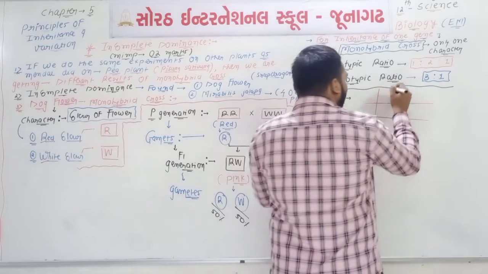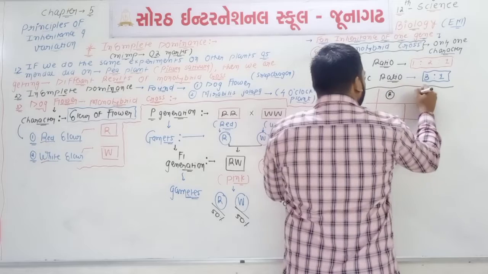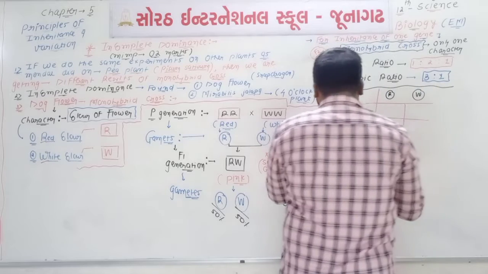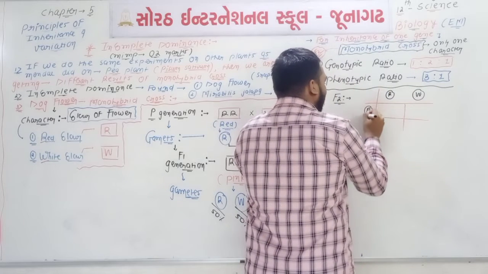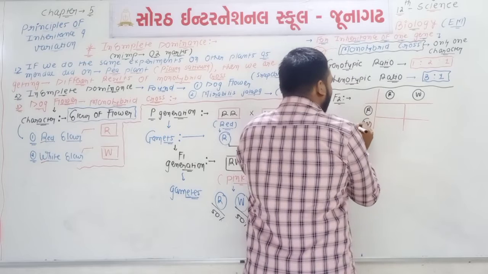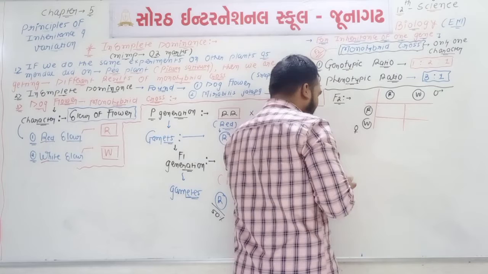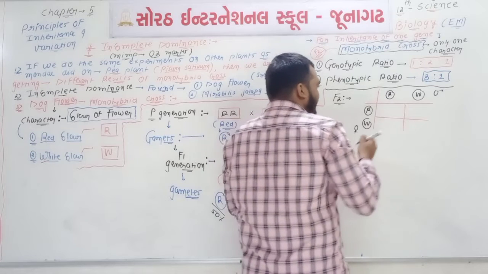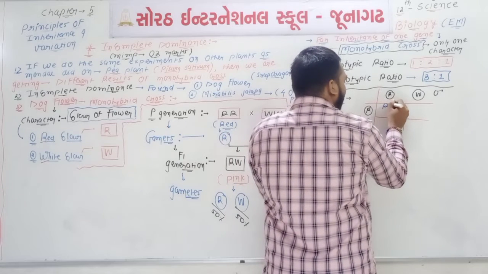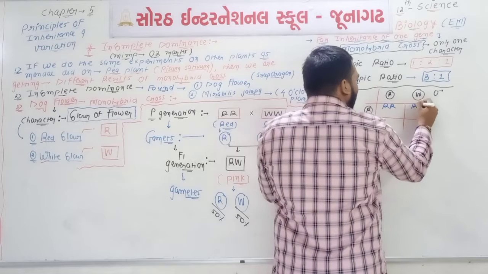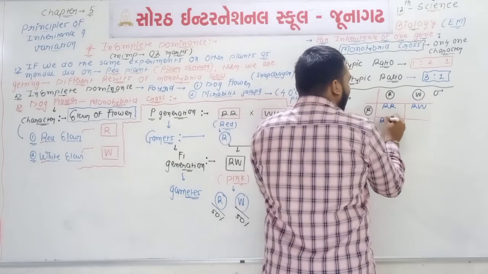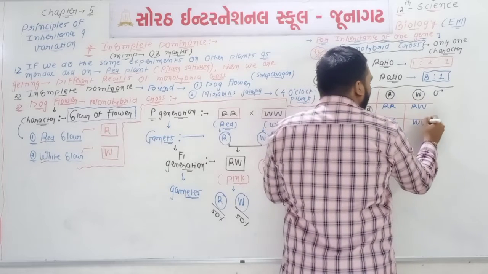We are writing here gametes capital R, capital W, suppose it is a male gamete, and here female gamete, capital R, capital W. Okay, see here the signs are important. Now we are getting capital R capital R, capital R capital W, capital R capital W, and capital W capital W.